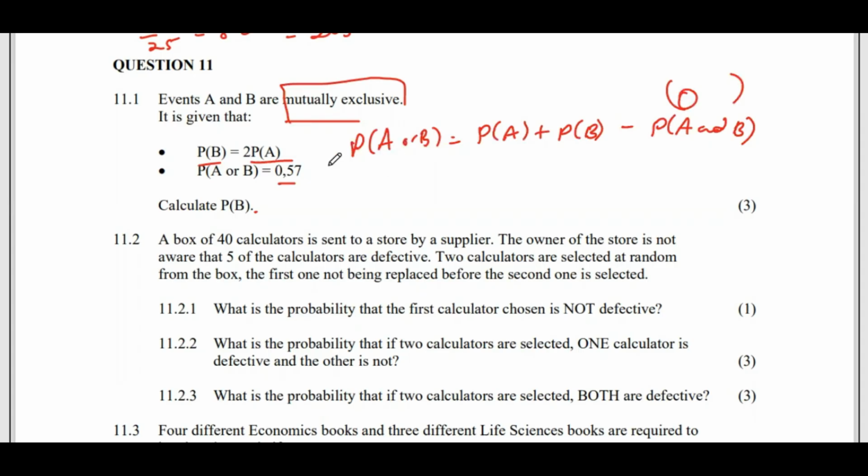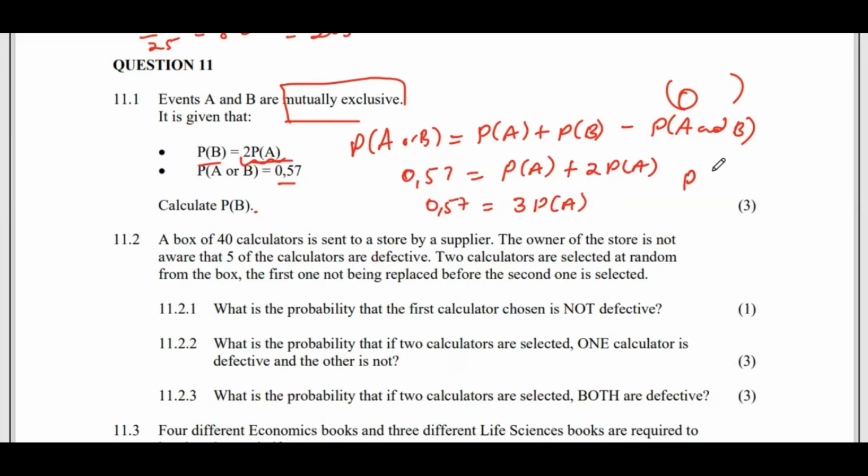Let's substitute. A or B is 0.57, which is equal to our A, let's leave it as A, and then our B is twice A. Then 1A plus 2A's, those are 3 PA's, is equal to 0.57.